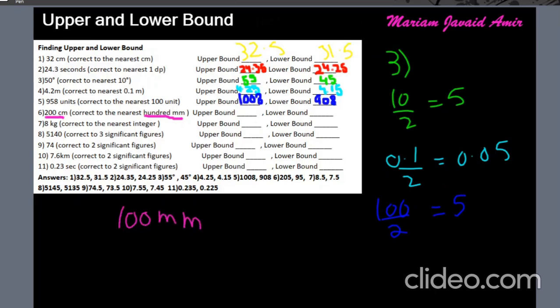To change millimeters to centimeters, we divide by 10. So we get 10 centimeters. Now divide this by 2 and we get 5. Add 5 to 200, we get the upper bound, which is 205, and subtract from 200, we get the lower bound, which is 195.